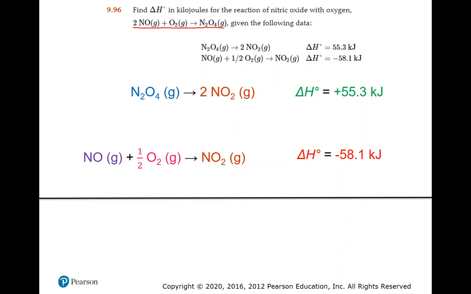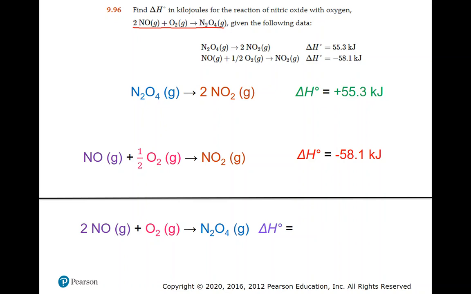Now, if you look at those two equations, if we just add them directly together as they are right now, we're not going to get the final equation that we want to end up with. And so what's good to do is to keep in mind and write down at the bottom of the screen, or the page in your case, what the reaction should look like at the end.